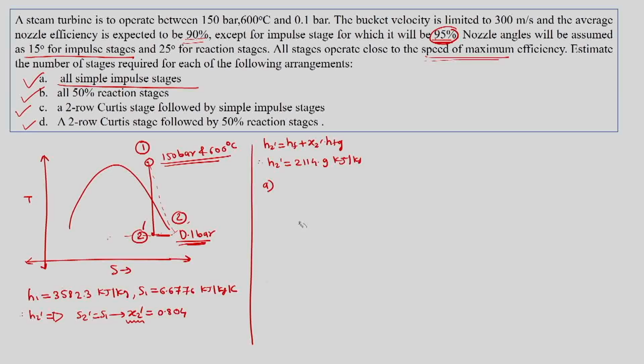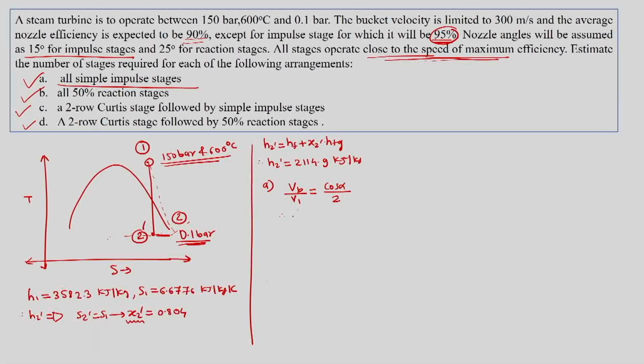We will start the example with the first part where all the stages are impulse, and for all the impulse stages we can make use of the fact that Vb upon V1 is equal to cos alpha by 2, since it is told that this is close to optimum condition.